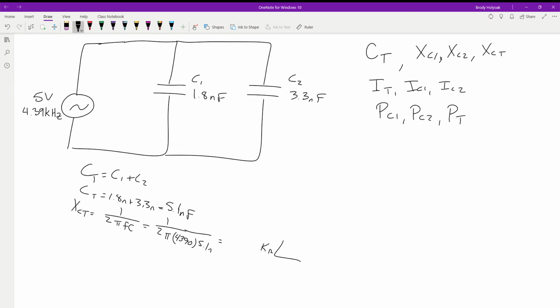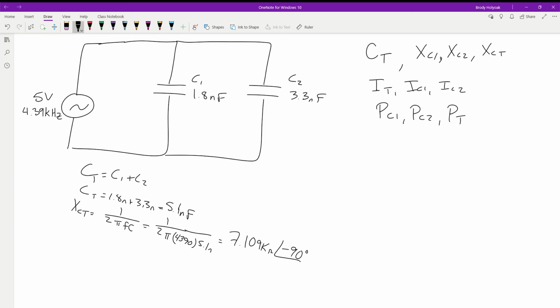Nano is negative 9. Milli, micro, nano, pico. Okay, what angle? Negative 90. Okay, so we can go through, we can solve it this direction.